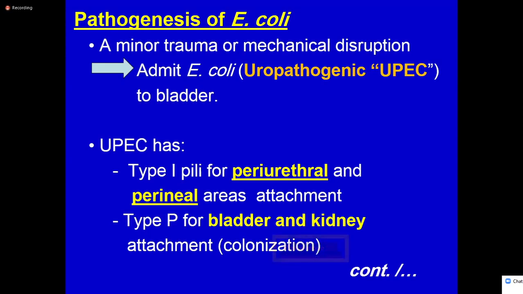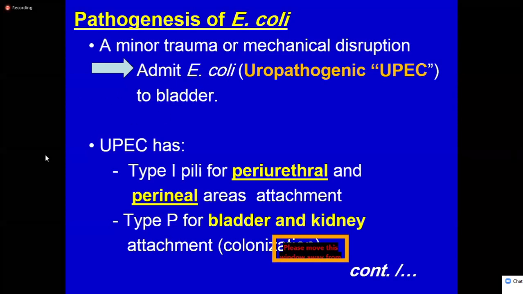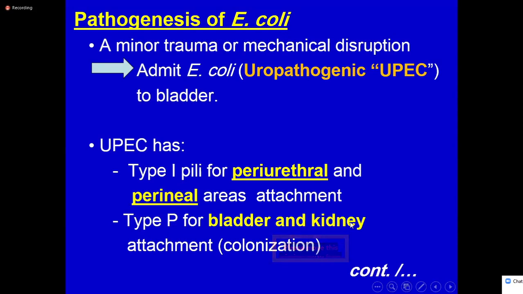I told you at that time that we would speak about uropathogenic E. coli when we talk about the UGS. These E. coli have two types of pili. Type 1 pili make the microbe attach to the periurethral and perineal areas. Type P make the microorganism attach to the bladder and kidney for colonization.